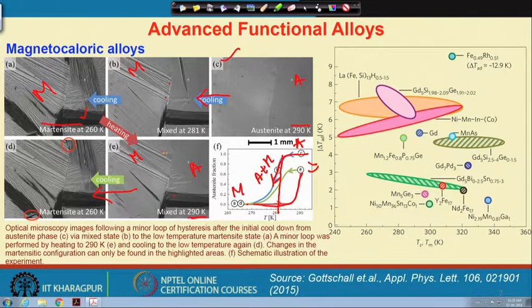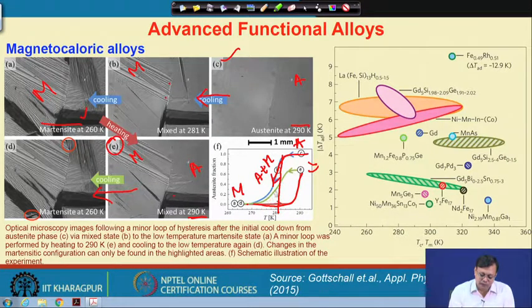up to E. This is the E microstructure, where I have again some austenite and martensite, and again I am cooling it. So, again I am getting this martensite. These are the typical optical microscopy images, and what I would like to mention is that these are the points where the martensite configuration changes.